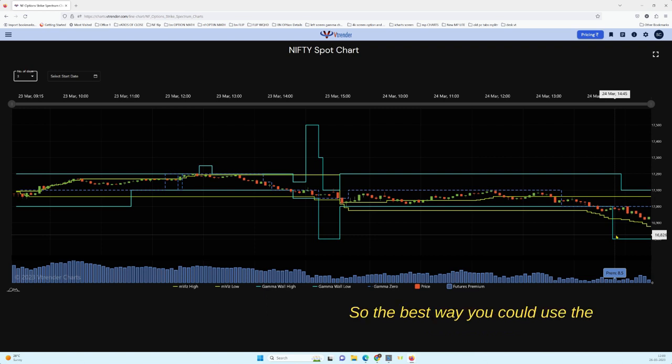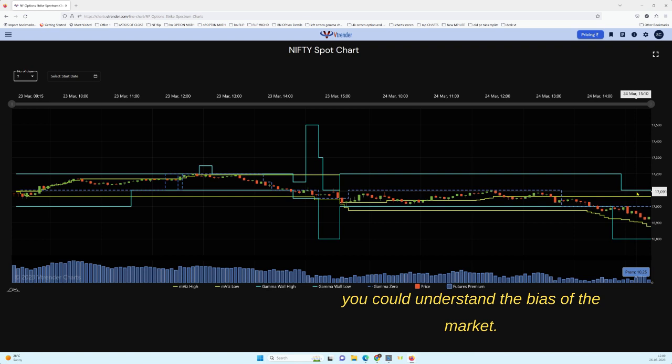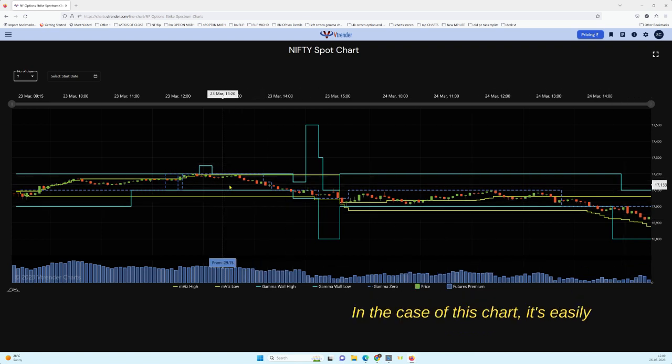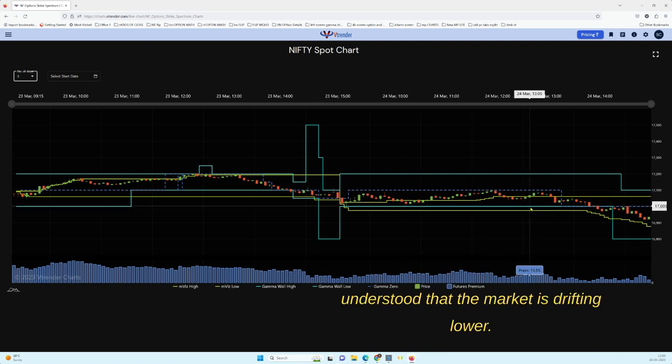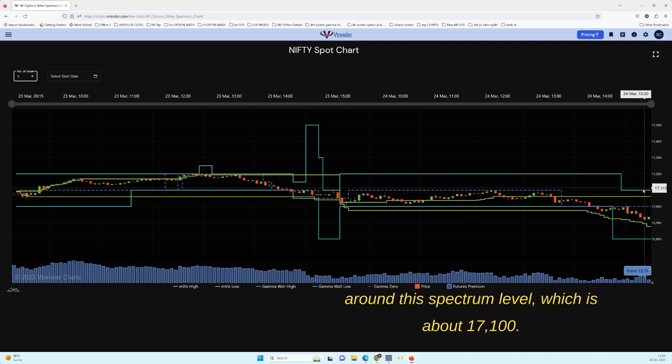The best way you could use the spectrum chart as a writer of options is to understand the bias of the market. In the case of this chart, it's easily understood that the market is drifting lower, so you could use the upper spectrum line to write some call positions in the market, and monitor the price around this spectrum level, which is about 17,100.